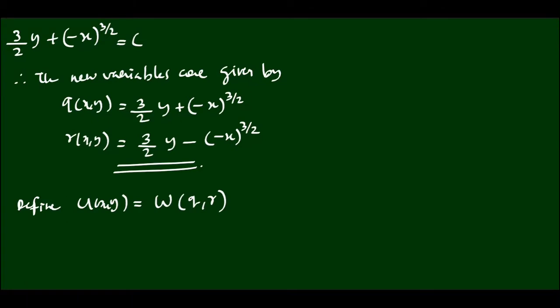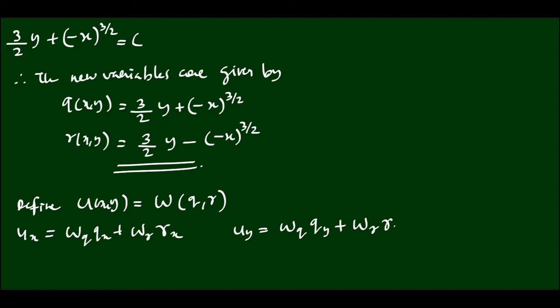So first we find ux, that will be equal to wq qx plus wr rx by chain rule, and also uy will be equal to wq qy plus wr ry. We know q and r in terms of x and y, so we can substitute qx, rx, qy and ry in these two equations.